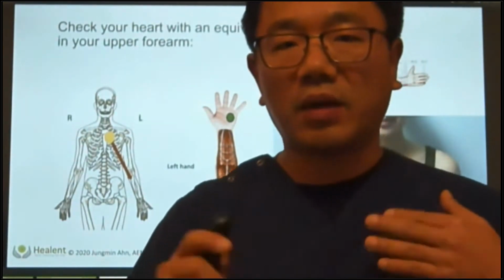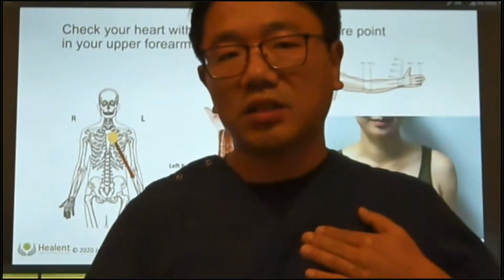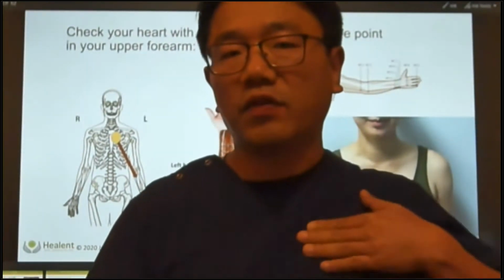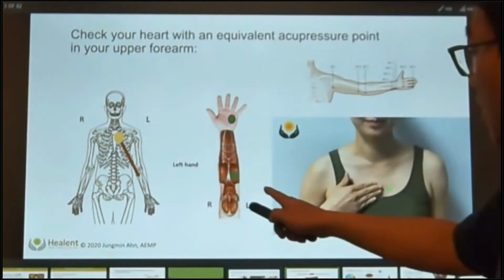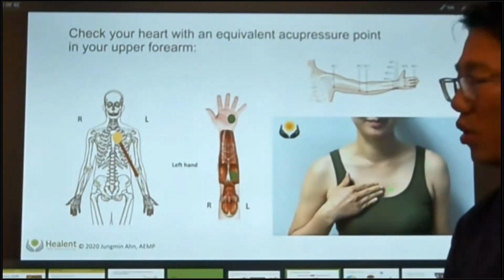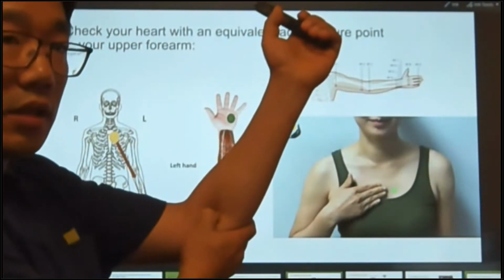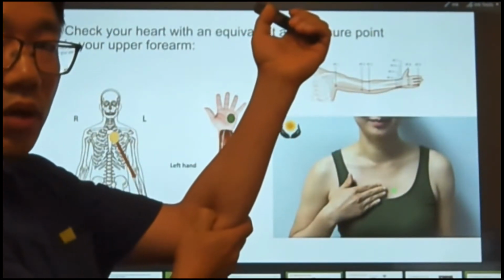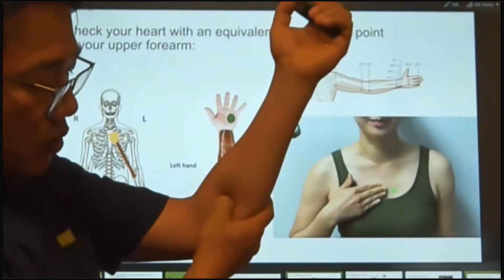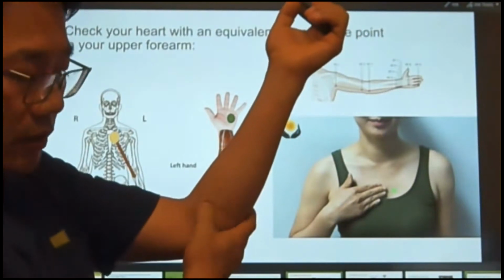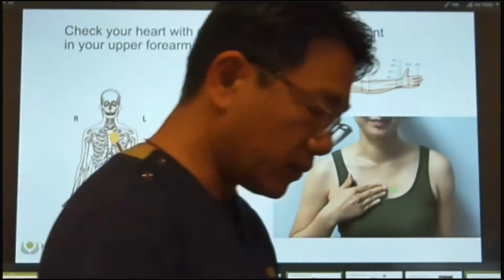Many of my patients and I did this at the clinic. If you feel tight or tense, you can use this point on the upper forearm, in this area. Find a tender point around here, and once you find it, apply pressure for 8 seconds.